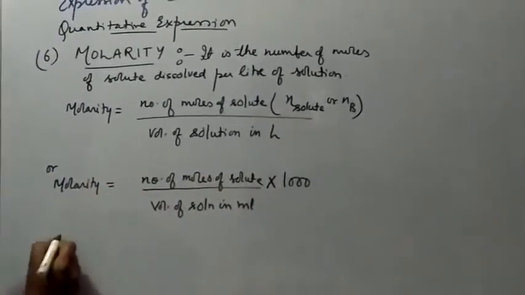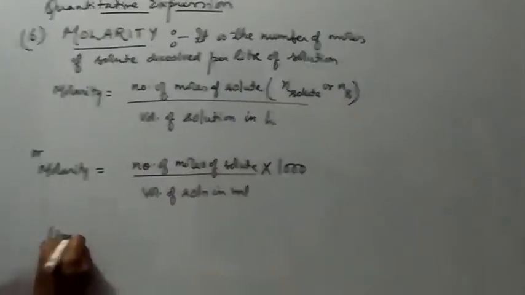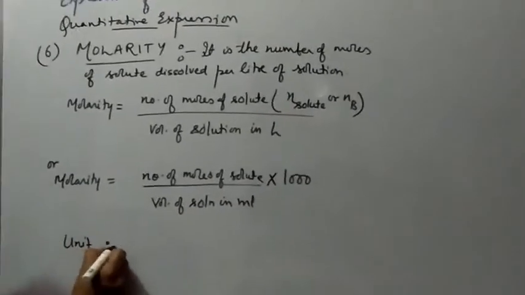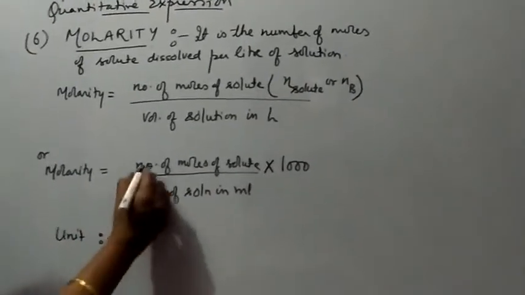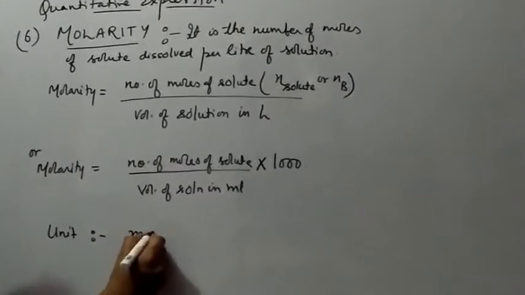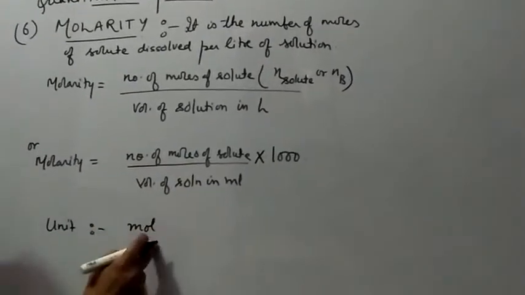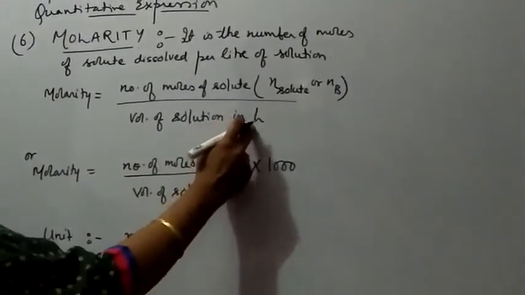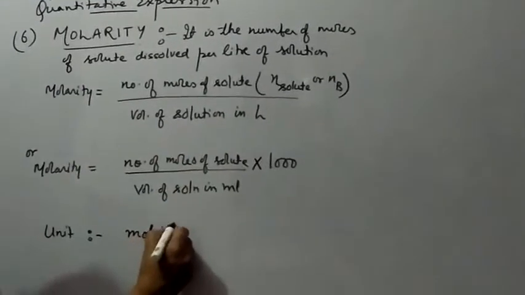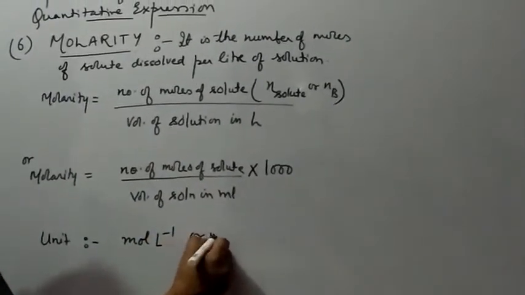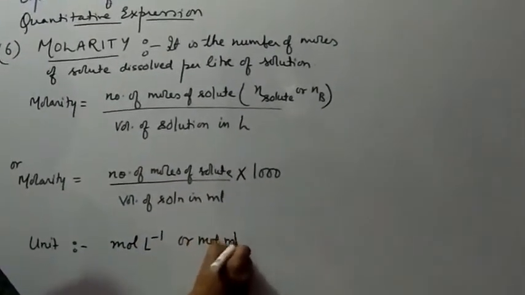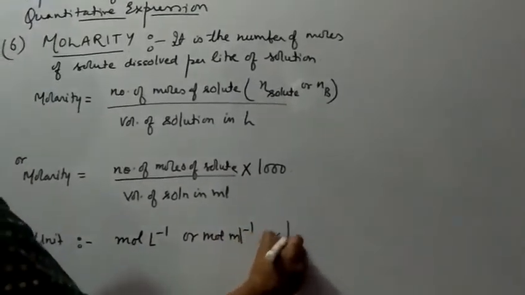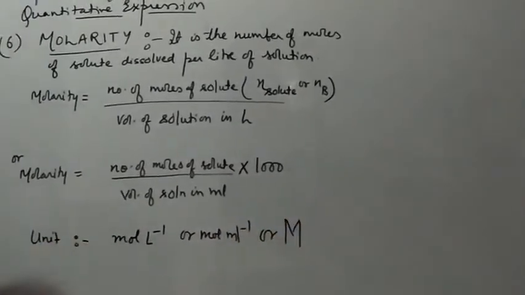Now what is going to be the unit of molarity? The number of moles we write as mole. Now volume, if expressed in liters, it will be mole per liter, or mole per milliliter, or we can write simply capital M.